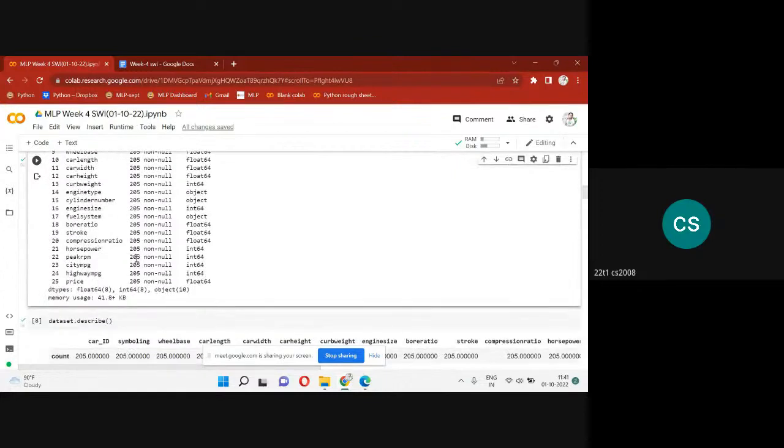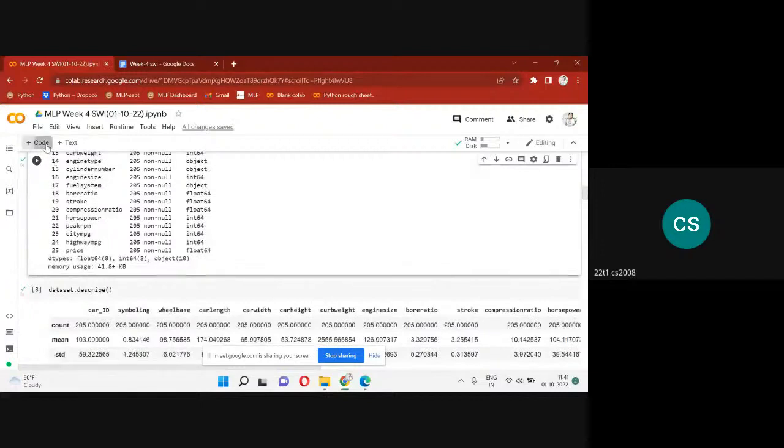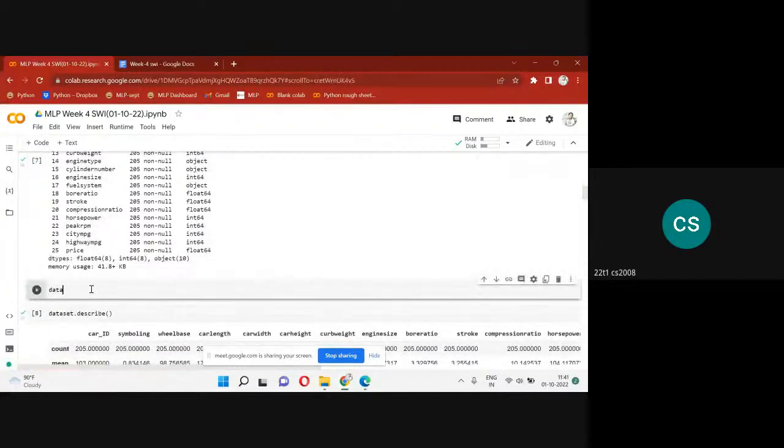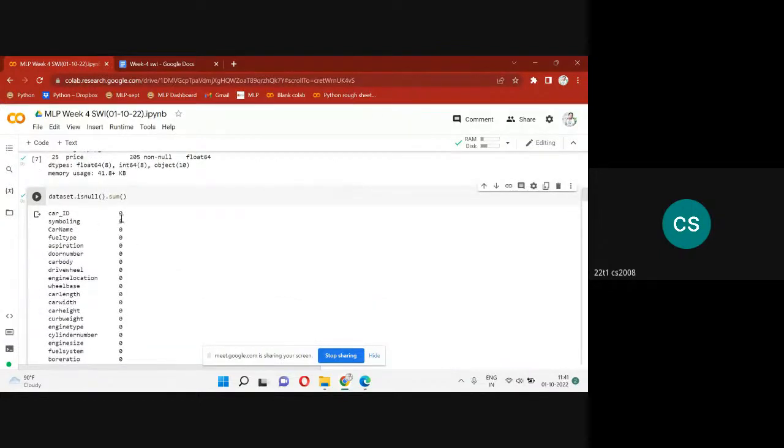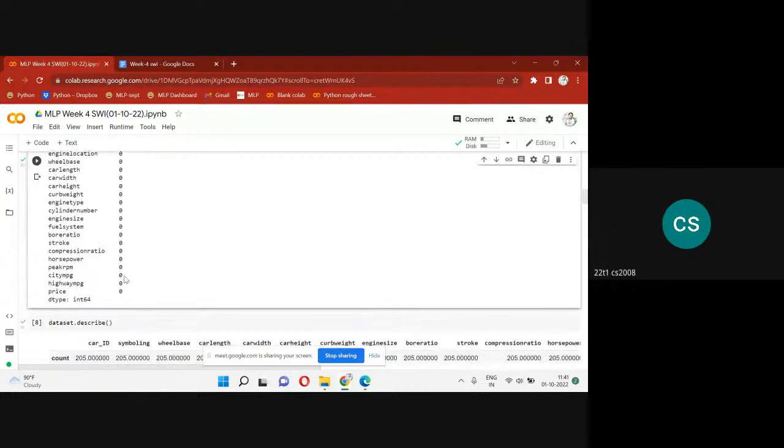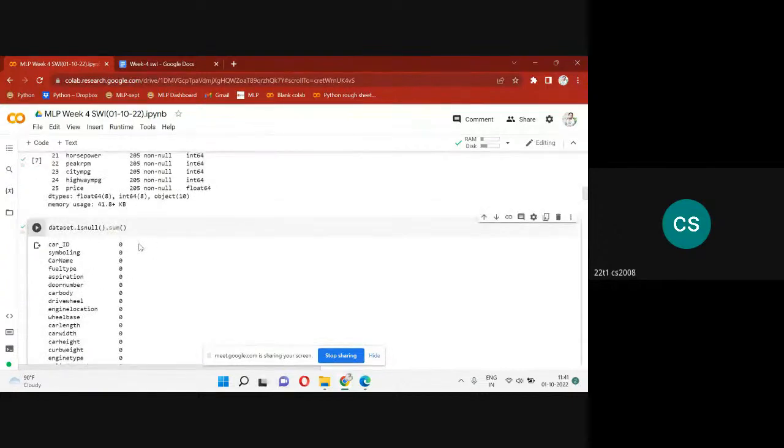Otherwise you can also use dataset.isnull, which is a boolean type. If you use the dot sum, it will give you the exact number of null values in each column. We see that we don't have any null values, so no need to worry about them.